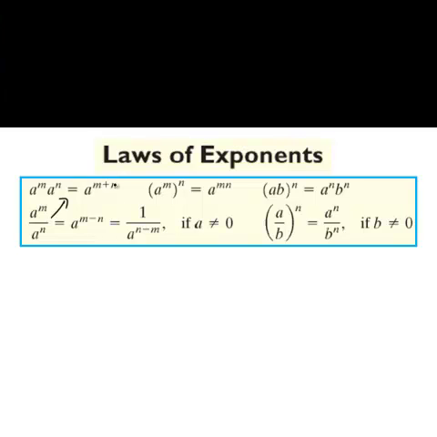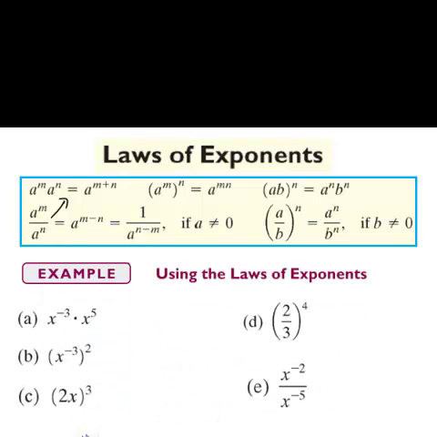So instead of adding the exponents, you subtract the exponents. And then if you have some fraction raised to the nth power, then that would be the quotient of those powers here. All right, so just stuff that I'm sure that you've seen before.